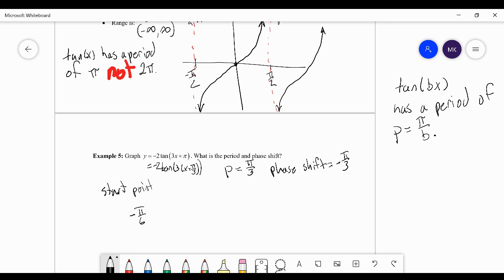That's not right. Where's my brain? Hang on. That's not right. Negative 5 pi over 6. My gosh, my brain just stopped functioning.